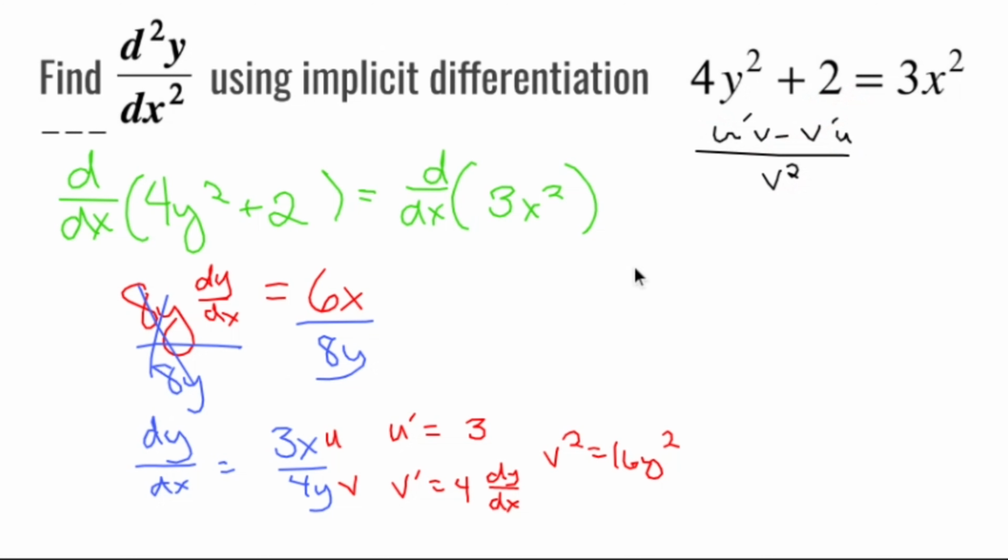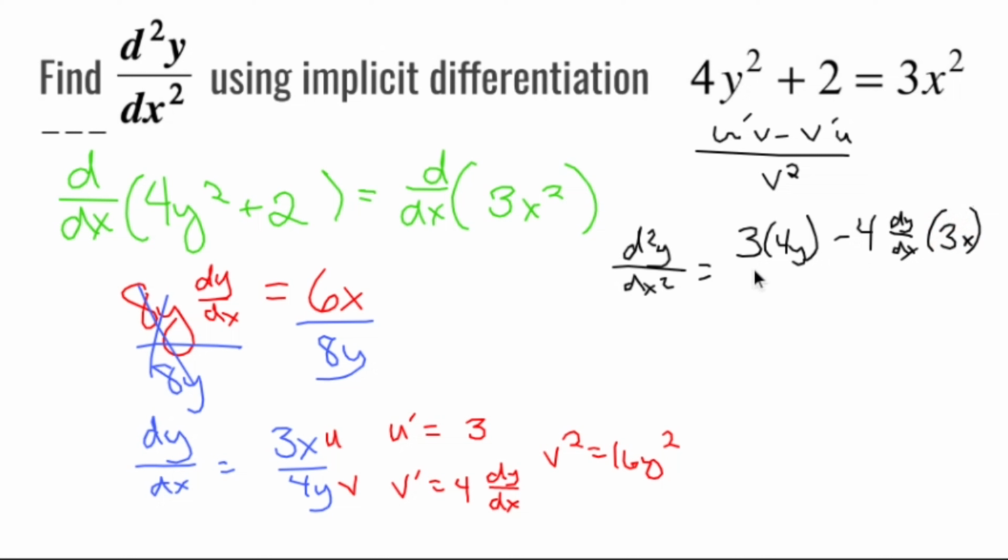So let's put it all together. The second derivative with respect to x is going to be u prime, so 3, times v, so times 4y, minus v prime, which is 4 dy dx, times u, which was 3x, over v squared, which is 16y squared.